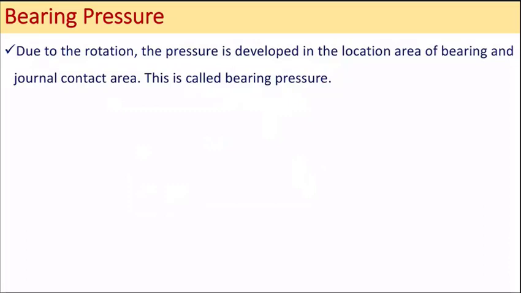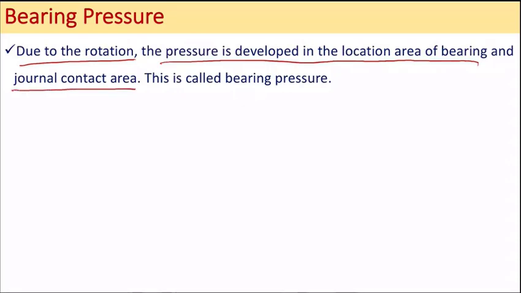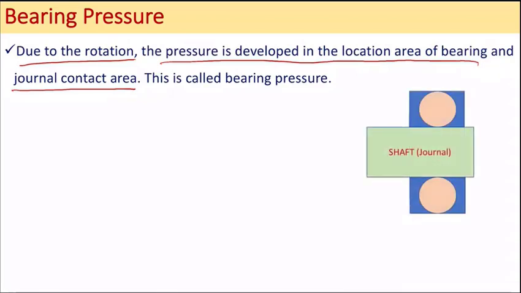Next, bearing pressure. Due to the rotation, pressure is developed within the area of contact between the bearing and journal. This is called bearing pressure. Let's see this picture. There is a bearing and shaft. Due to this rotation, pressure will be created within the bearing. That is called bearing pressure.